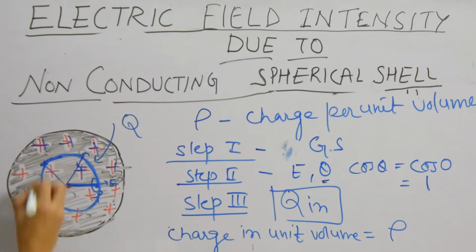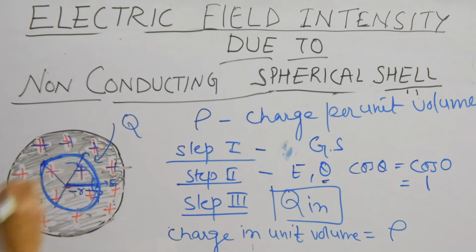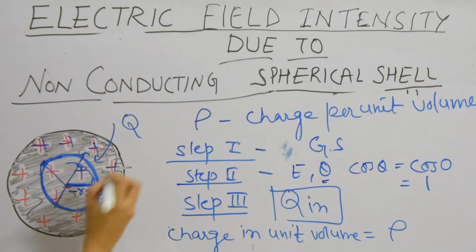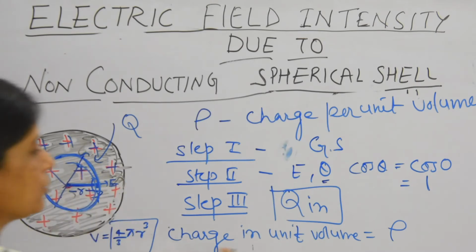The volume of this Gaussian surface, where this is small r, would be 4 upon 3 pi r cube. The charge per unit volume is rho, so in this volume, what would be the value of charge?